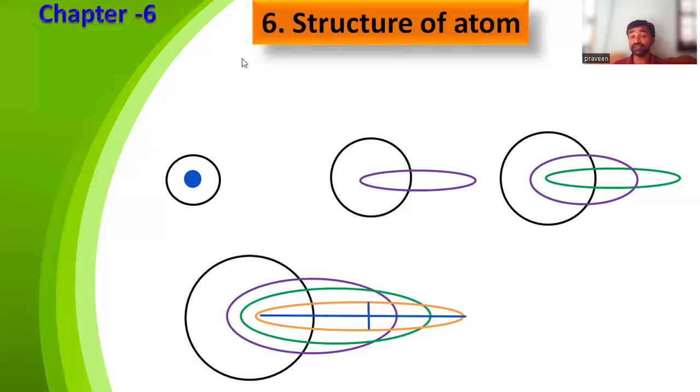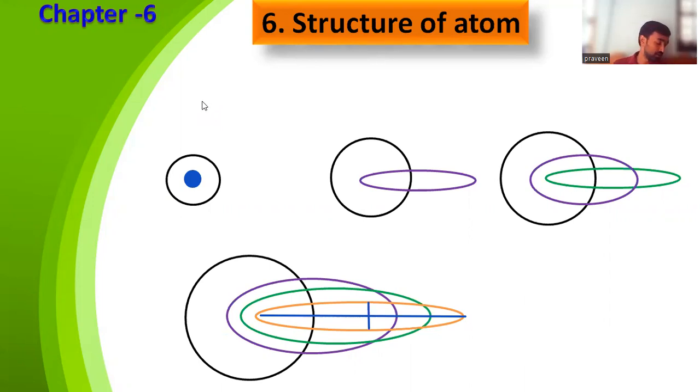It could not explain the spectrum given by heavier atoms, that is, atoms having more electrons in their shells. An orbit is simply a path with fixed energy maintained by the electron around the nucleus.